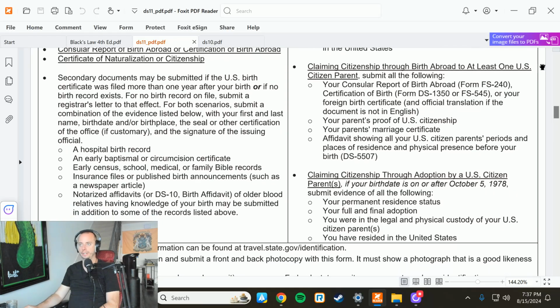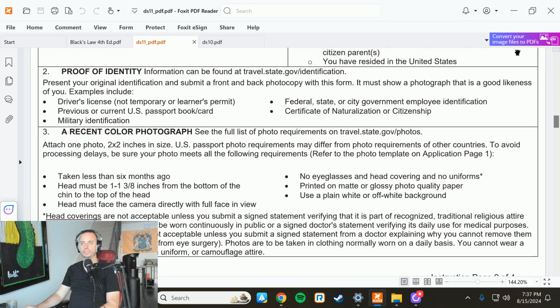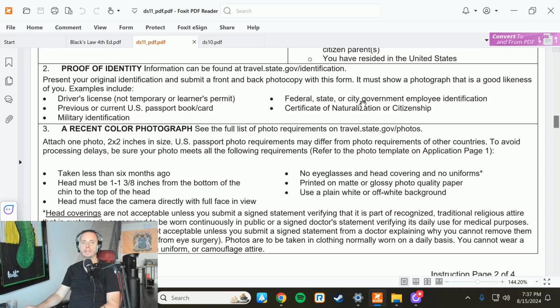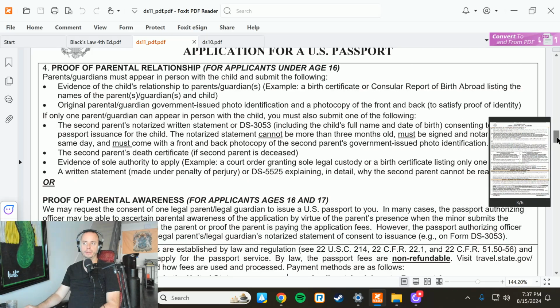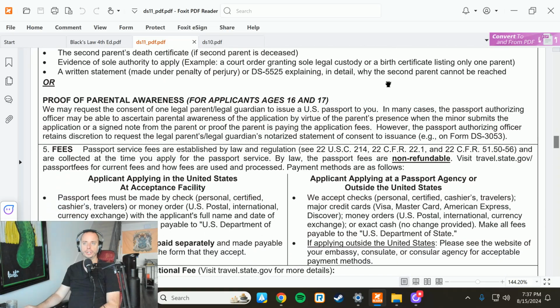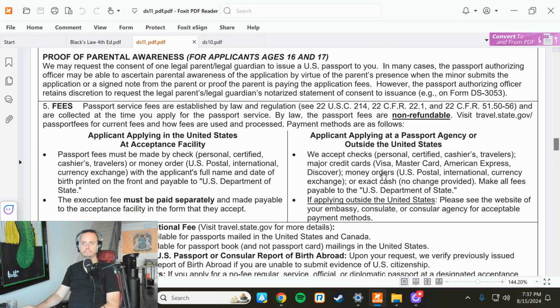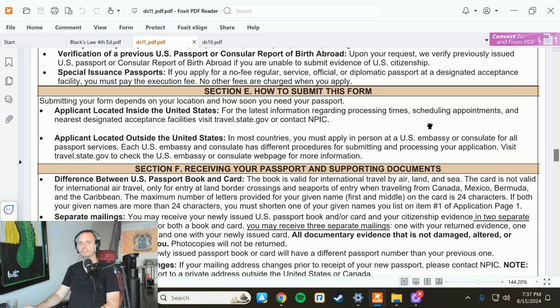All sorts of crazy stuff here, bro. You can do whatever you want, as long as you're willing to sign the documents and submit everything in. But if you want what pretty much everyone has done up to this point, you're going to send in a long form birth certificate, right?